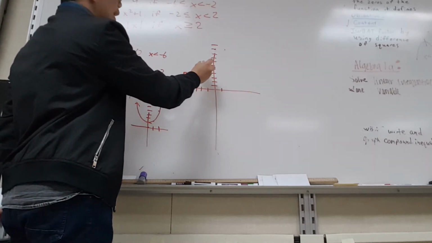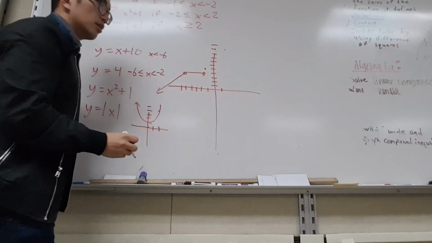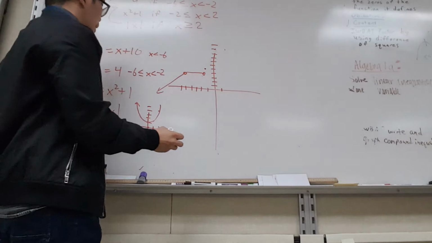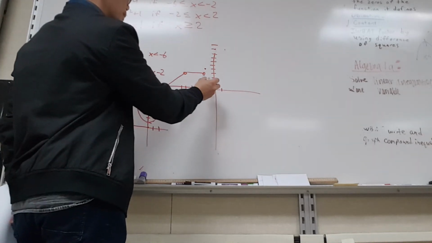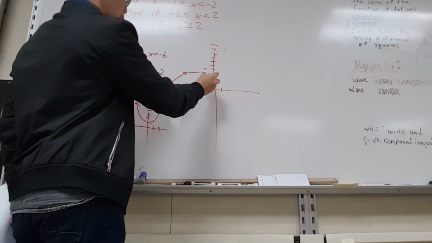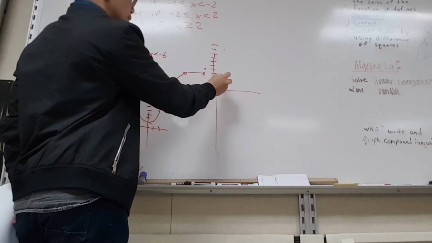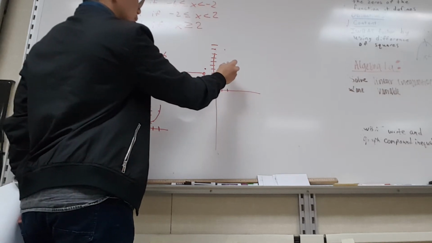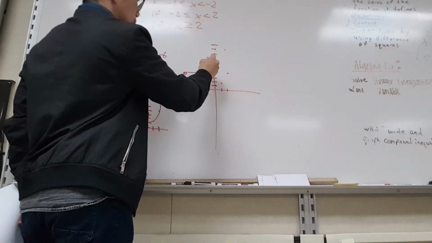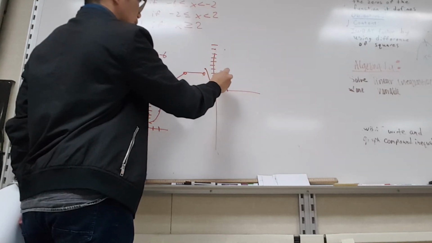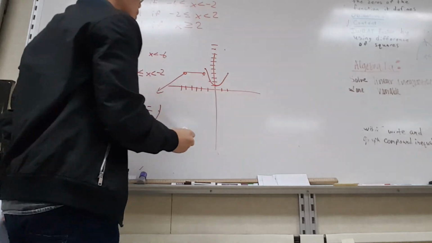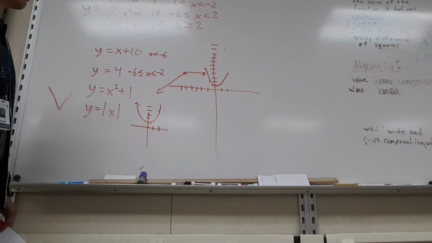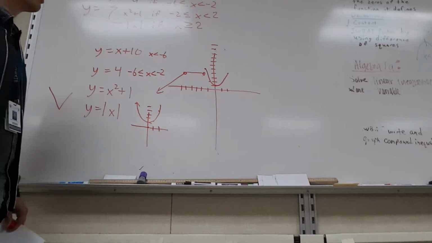So you see it actually does not connect. And then what happens is your parabola looks like that. So that's part of your piecewise function. That little parabola only goes from negative 2 to 2.